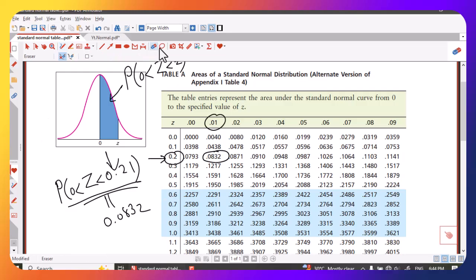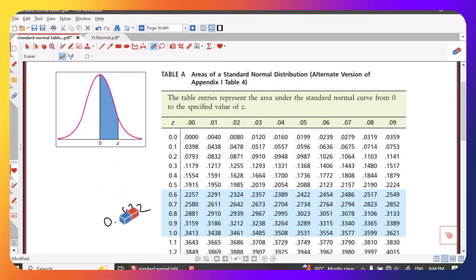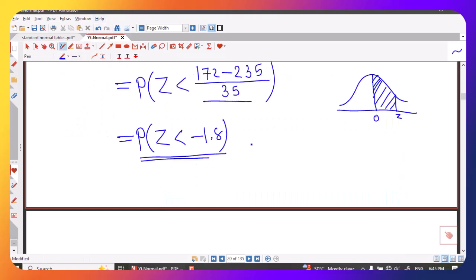So that is how we use this probability table to calculate the probabilities involving standard normal random variable. So here we are given this type of probabilities, area between 0 and z, and this is not in this form. So we have to rewrite this probability in such a way that we can use this normal probability table.